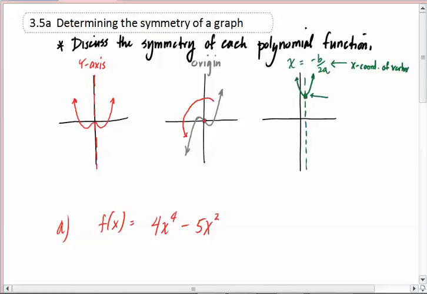So think about somebody painting this little graph with gray paint and then picking it up off the paper enough to pass freely 180 degrees and then putting it back down 180 degrees later. It would make the same picture. It would print the same gray picture. And so we know that that is called origin symmetry when it goes through the origin and has point symmetry, meaning we're spinning it, we're not folding it somewhere.